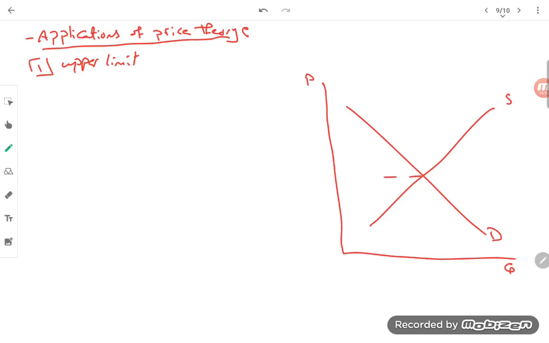And this is the market price, equilibrium. And this is the equilibrium quantity. Let's assume that the government would like to set an upper limit price at this level.